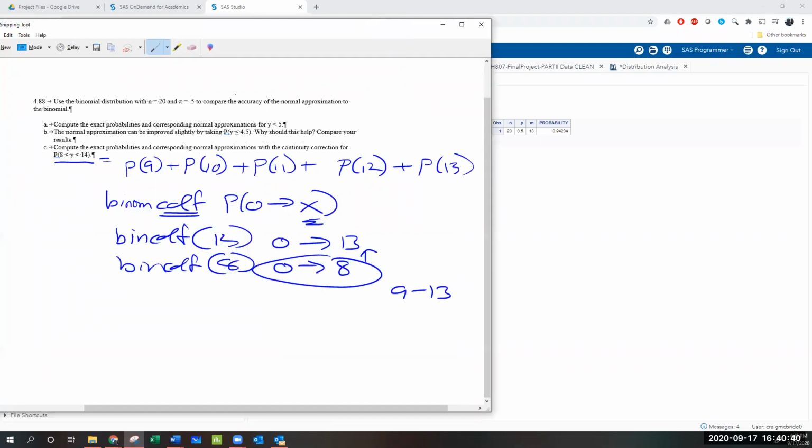So this one, there it is, equals 0.94234, because that's 0 through 13, as you can see the 13 right there.